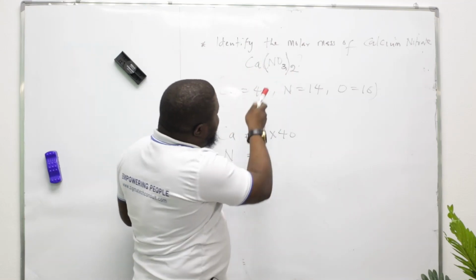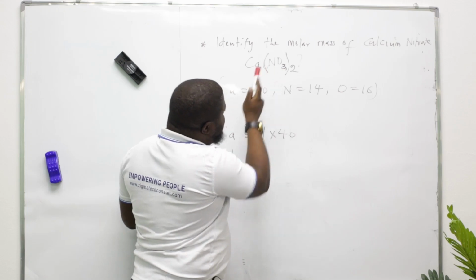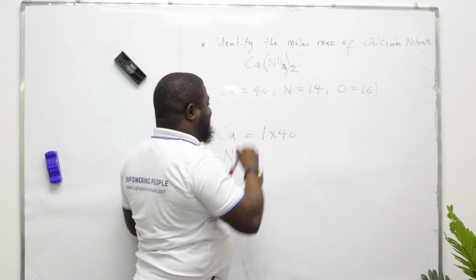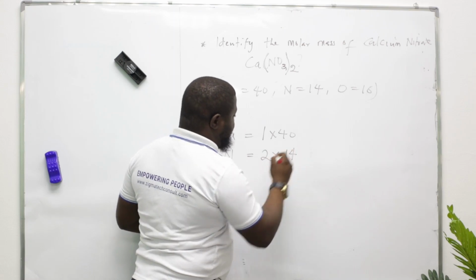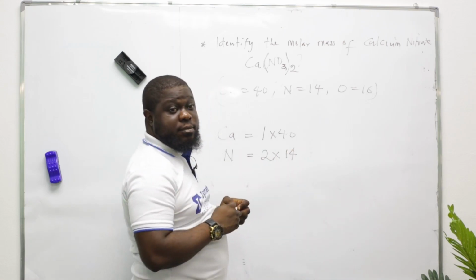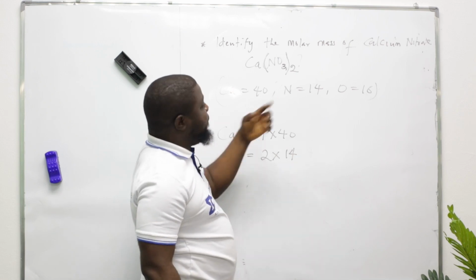So if nitrogen is 1 and this 2 is affecting it, it will be 2 times nitrogen, which is 14.